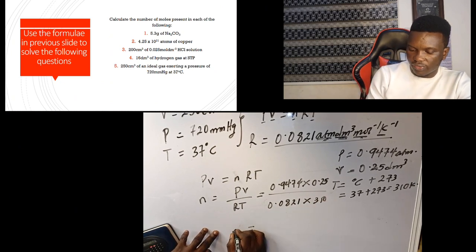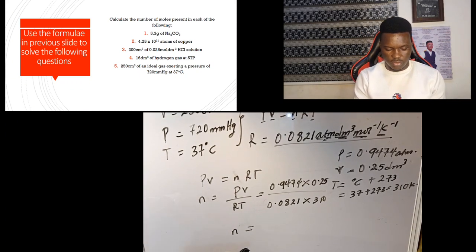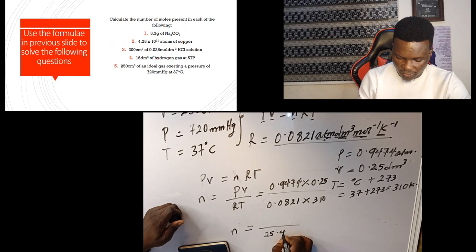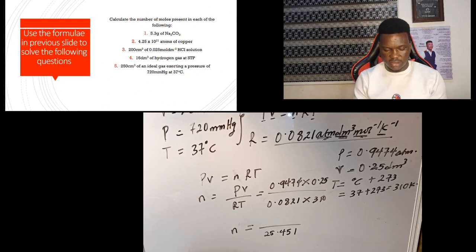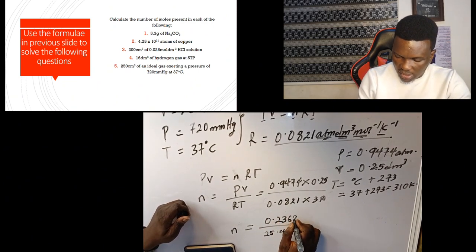So now let's solve for n. 0.0821 multiplied by 310 equals 25.451. Then 0.9474 multiplied by 0.25 equals 0.23685.